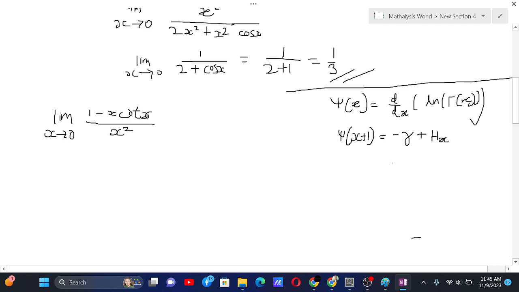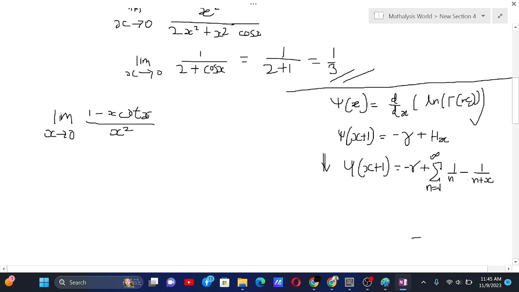This is an important thing to know, and it also implies the other formula: digamma of x plus 1 is equal to negative of the Euler-Mascheroni constant plus the summation from n equals 1 to infinity of 1 by n minus 1 by (n plus x).